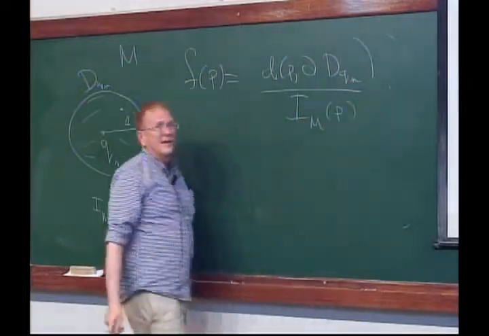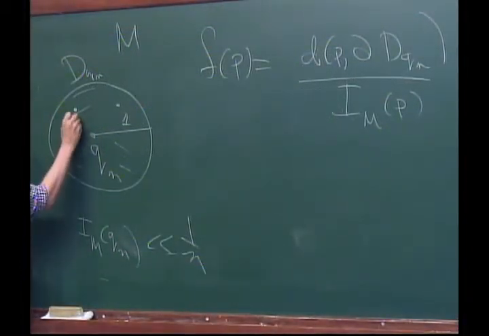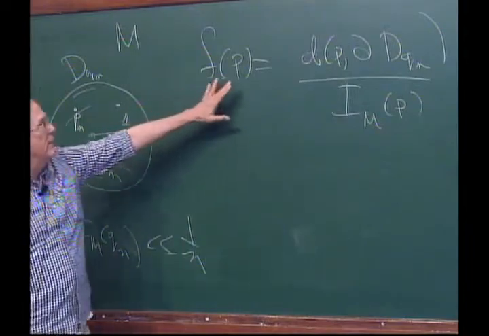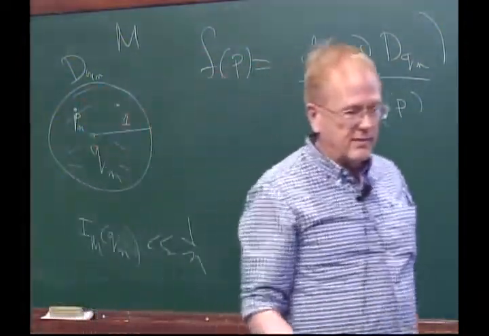You just define this, and you look at points where this function is biggest. Those are going to be these points Pn. So you pick points Pn where this function is maximal, and then I do some rescaling. That's where these points are coming from.